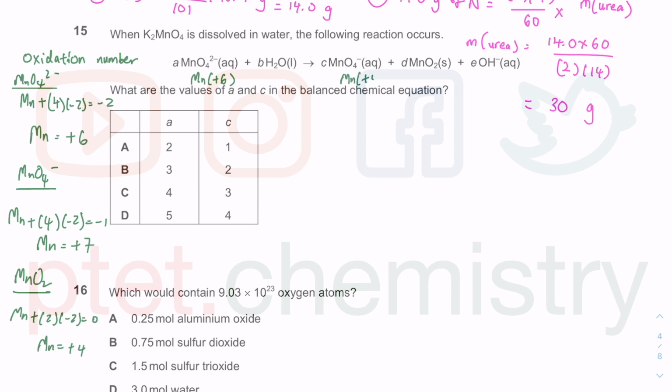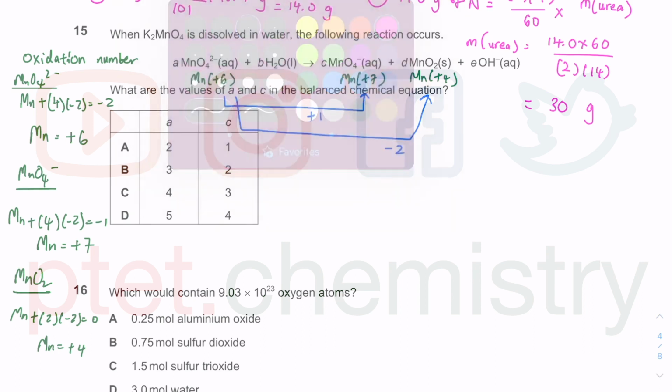I was telling you there's a shortcut to this, which is to think about lowest common multiple, primary school mathematics. This is about changes in oxidation number must balance out. Whatever increase from +6 to +7 is an increase of plus 1, and whatever decrease from +6 to +4 is a decrease of minus 2.